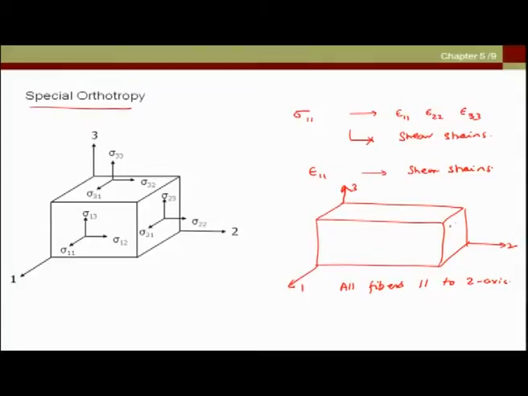When I look at this end, we just see the tip of these fibers, and the fibers run parallel to the 2 axis.